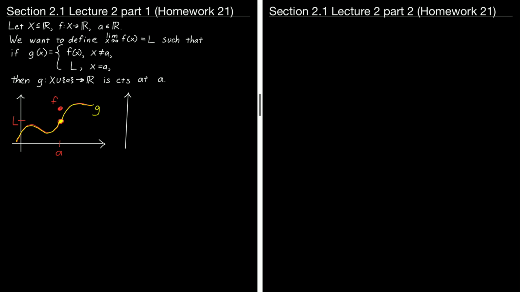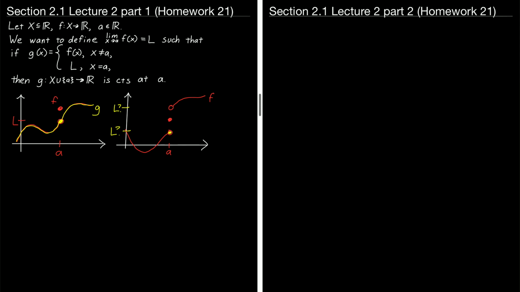So a couple of examples of things that can go wrong. If we've got, say, this function, then there's no possible value we can fill in.